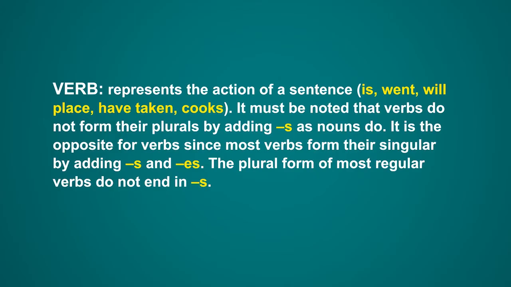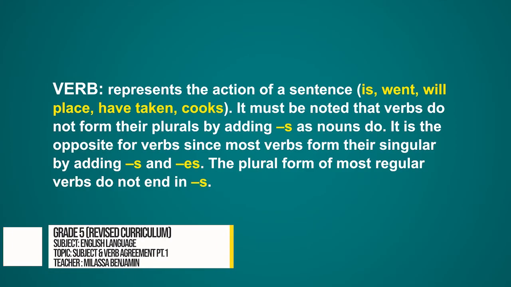It must be noted, however, that verbs do not form their plurals by adding s or es, like nouns do. It is the opposite for verbs, since most verbs form their singulars by adding s and es. The plural form of most verbs do not end in s.